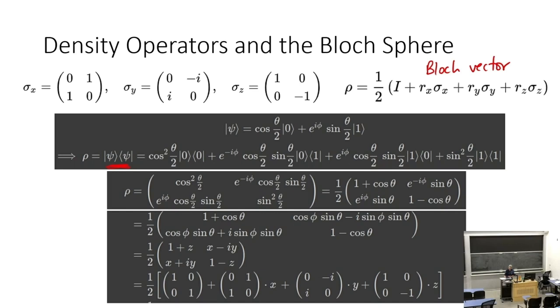So x is sine theta cosine phi, y is sine theta sine phi, and z is cosine theta. Then I can write a very simple form of my density matrix shown here: 1 plus z, x minus iy, x plus iy, and 1 minus z. And this is how you back out this Bloch vector form of your density matrix.